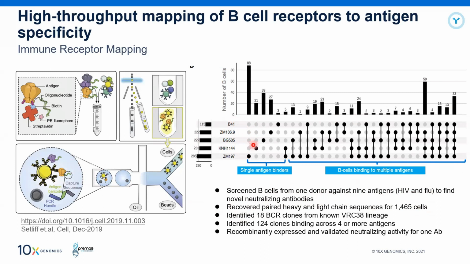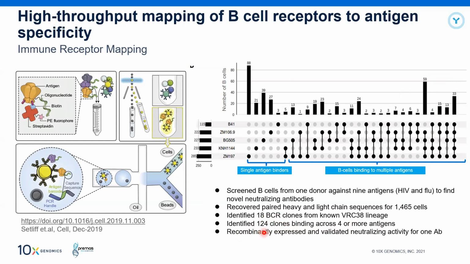If you see, they found that some antibodies are binding to only one type of antigen. Some are binding to more than one antigen. So these are the number of those clonotypes they discovered. Ultimately, they identified 124 clones binding across 4 or more antigens.